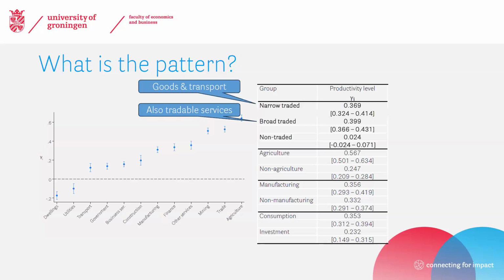And that too tells you that it's not just the traditional goods producing industries like agriculture or manufacturing that are traded across distances, but also some of the services.